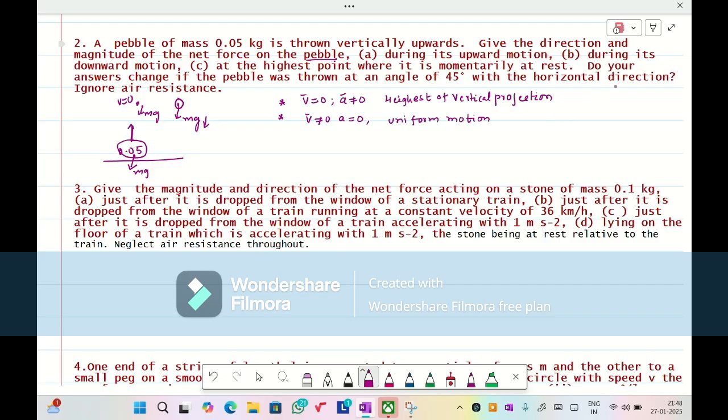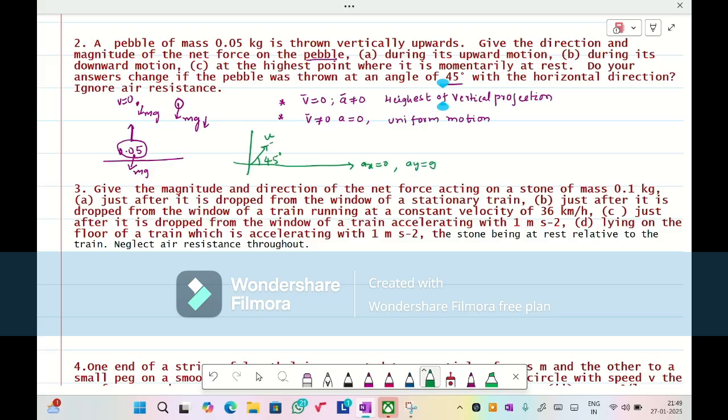Now the question: if the pebble was thrown at an angle of 45 degrees with the horizontal direction, ignore air resistance, does your answer change? At the highest point mg downwards, while coming down mg downwards, while going upwards also. We are projecting the particle at 45 degrees with some initial velocity with the horizontal. In the horizontal direction ax is equal to 0 and ay is only g.